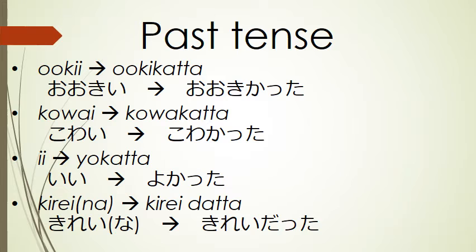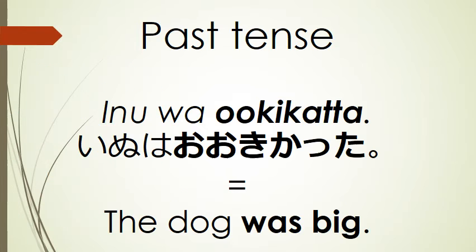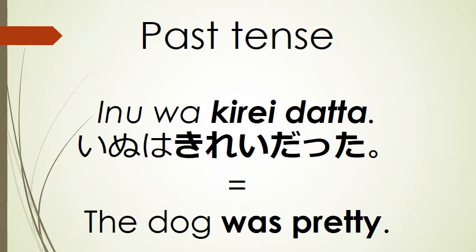Yoi would become yokatta. And kirei would become kireidatta. So, if I said inu wa ookikatta, that would mean the dog was big. And if I said inu wa kireidatta, that would mean the dog was pretty.